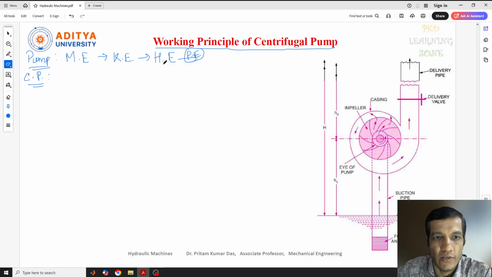Regarding this hydraulic energy, how is it formed from the mechanical energy?